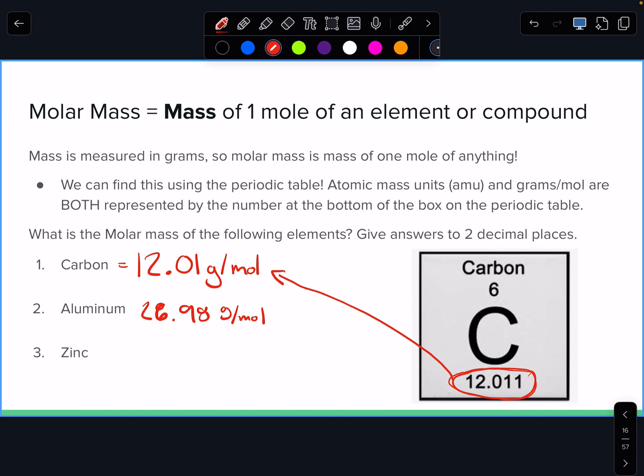That's pretty much all we're doing, but sometimes it can take a little while to find them. If you have 65.38, give yourself a smiley face. Okay.